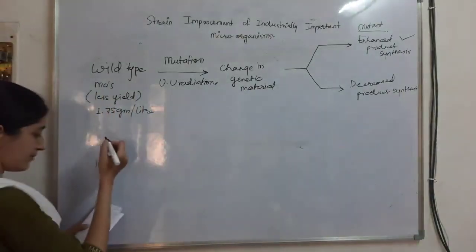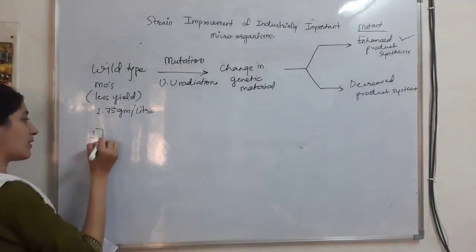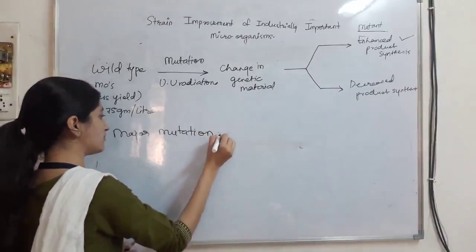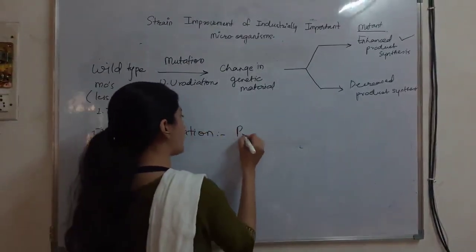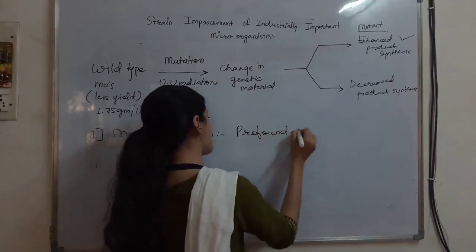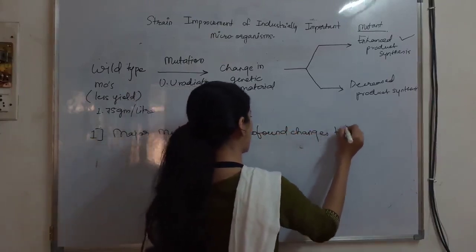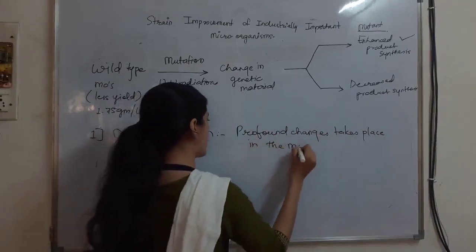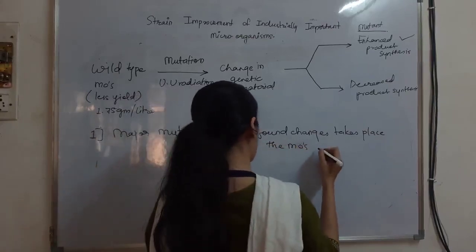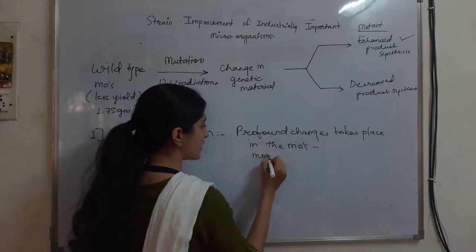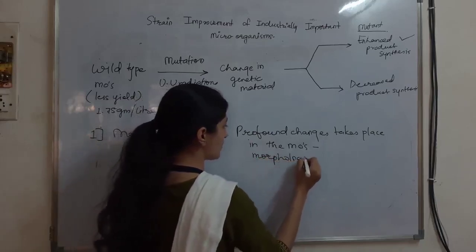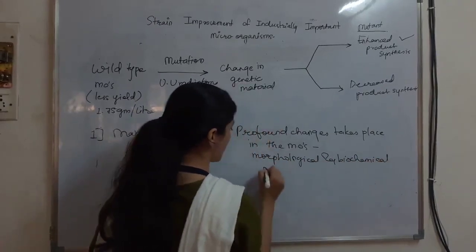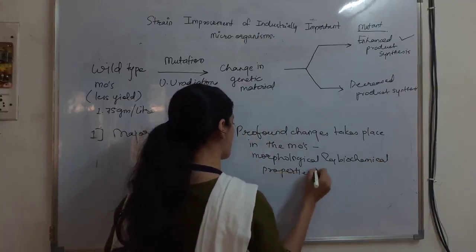These mutations can lead into, first, major mutation, where in major mutation profound changes take place in the microorganism, that is changes in the morphological and biochemical properties take place.